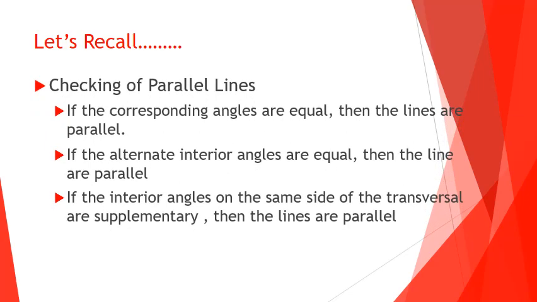Next is checking of parallel lines. That means how to check whether the given lines are parallel or not. We just learned that if the lines are parallel, there is something special about the angles formed: the alternate interior angles, corresponding angles, and interior angles on the same side of the transversal. Here we have to check whether the given lines are parallel or not, so just the reverse of that.